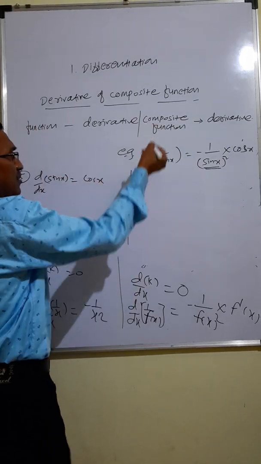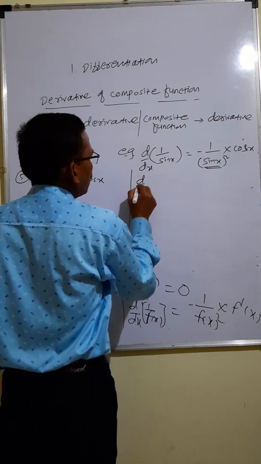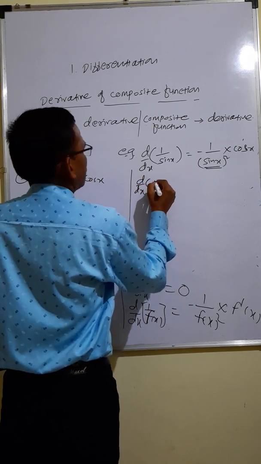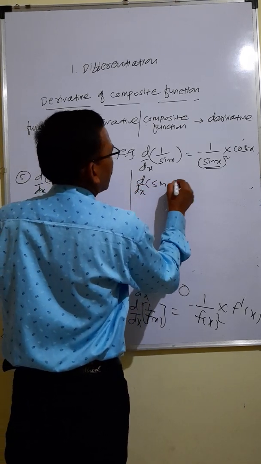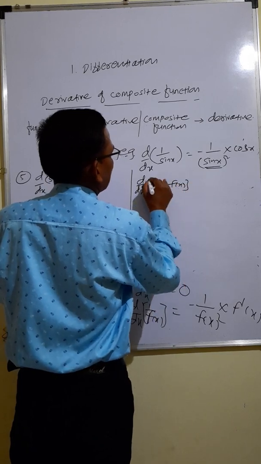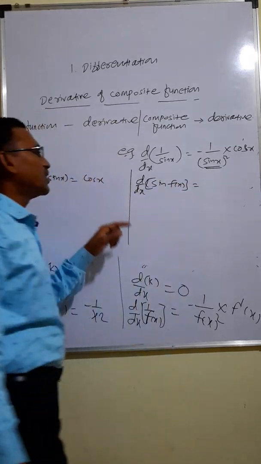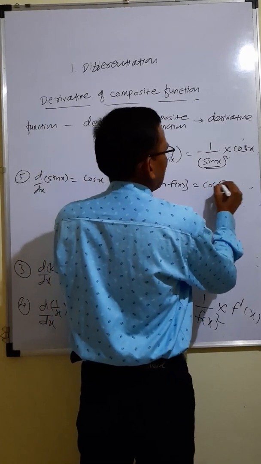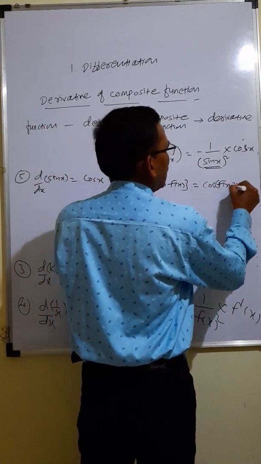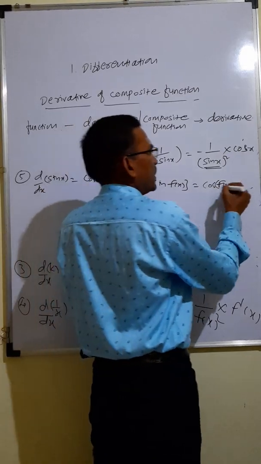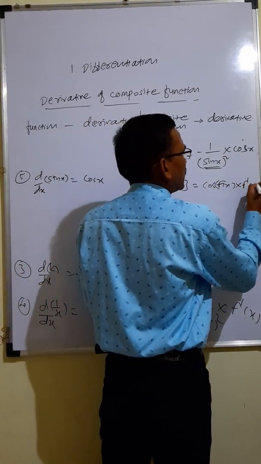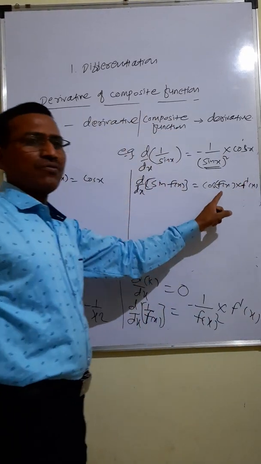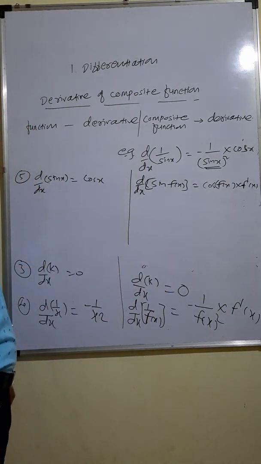Similarly, in a composite function, the derivative of sine of f of x is cos f of x into, by chain rule, the derivative of that function f of x, which is f dash x.